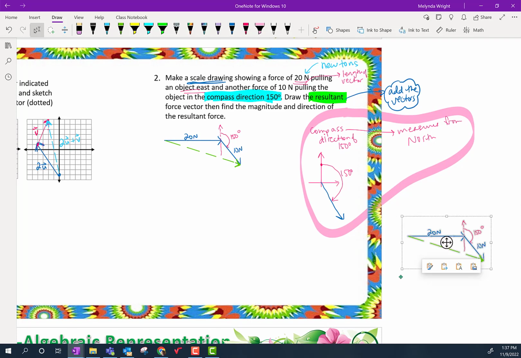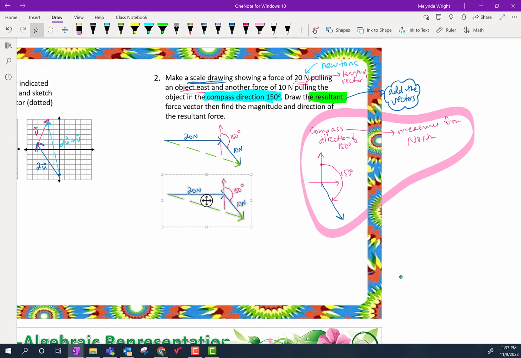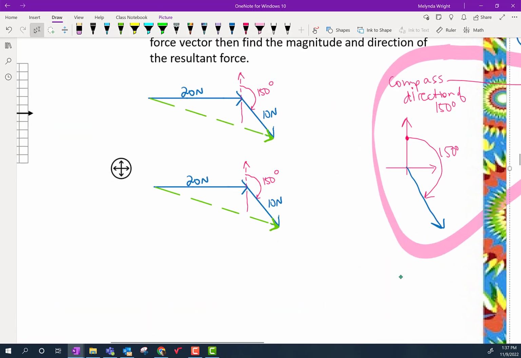I'm just going to be honest. So I would leave the original picture alone, don't mess with it, and recopy it, because I'm going to draw a triangle. We want to know the magnitude. The magnitude means the length, so we need to know x. That's what we need to know.